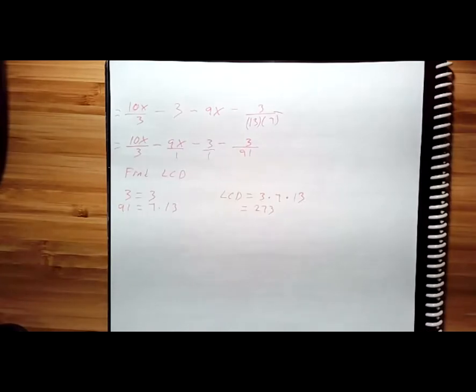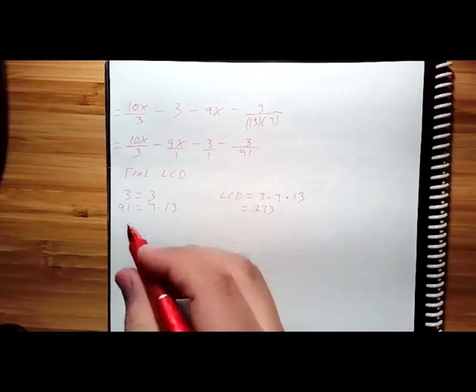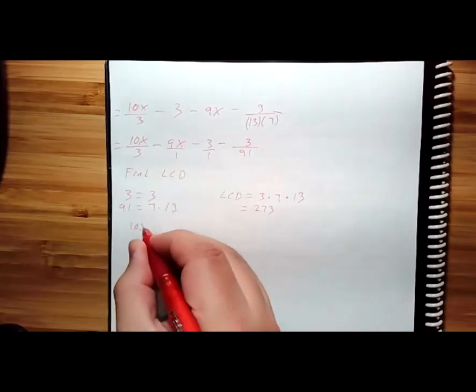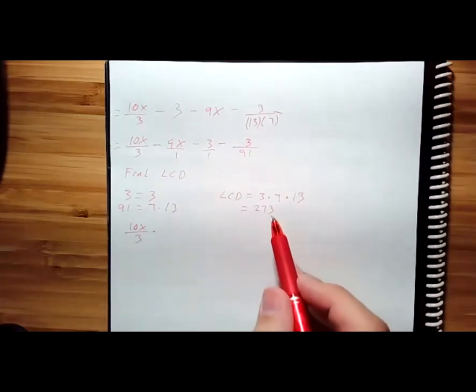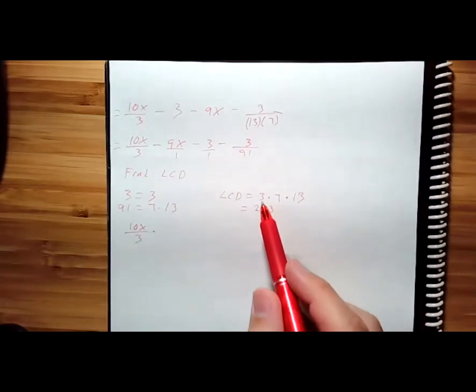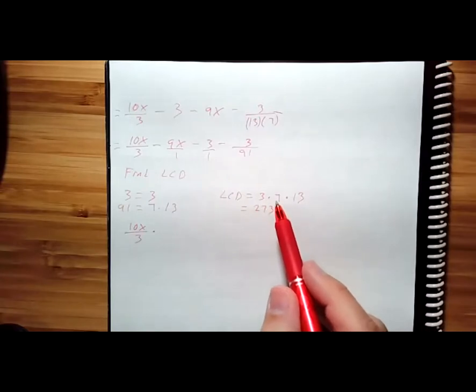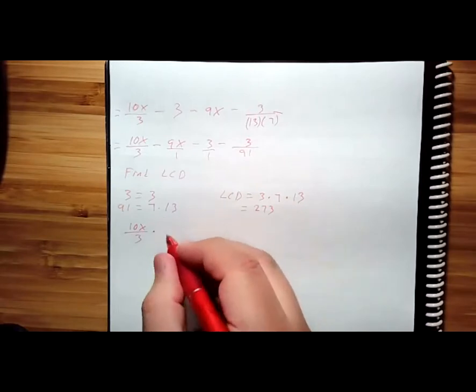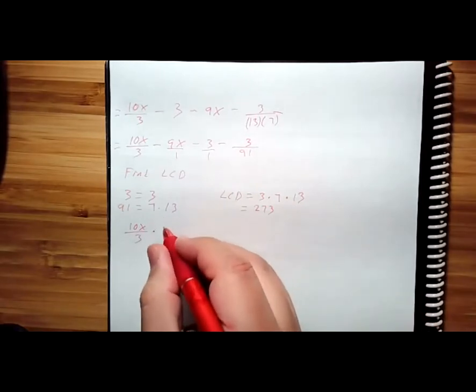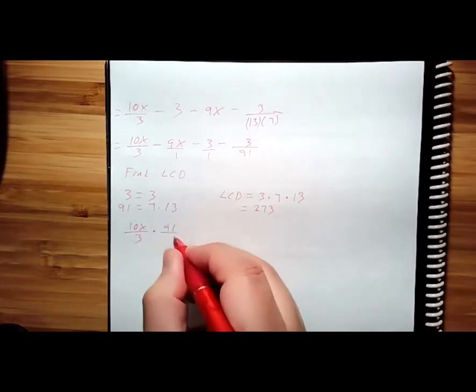Okay, so now look at every single fraction and figure out what do I need to multiply it by in order to get 273. So it already has a 3. So we're going to need 7 times 13. We're going to need these two. In other words, multiply by 91 over 91.